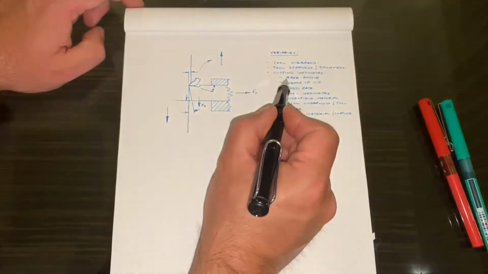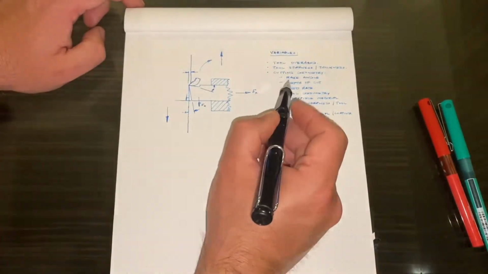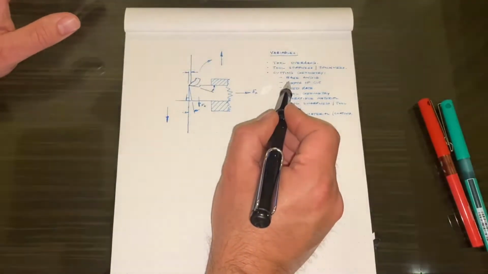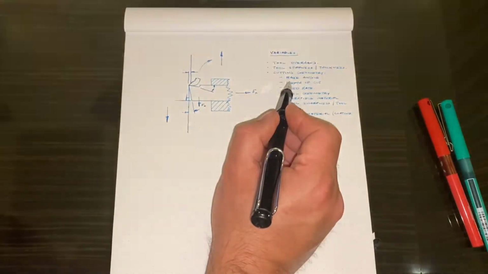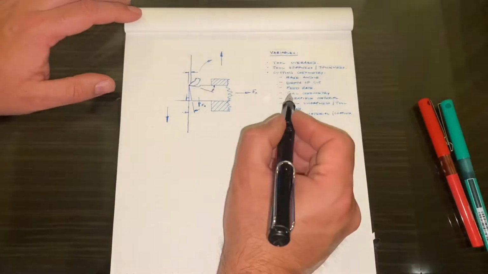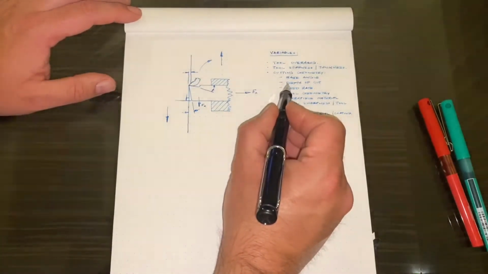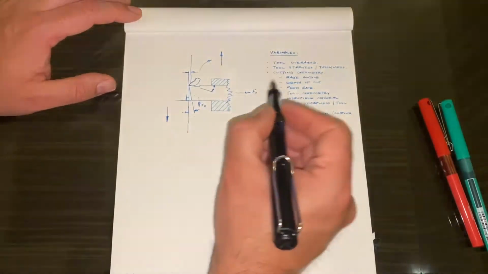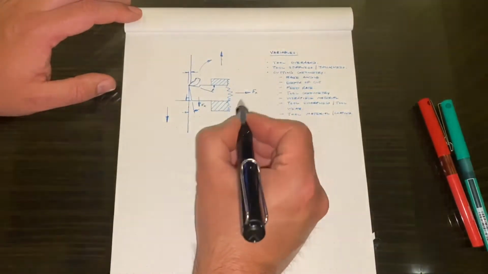So rake angle, certain materials prefer different rake angles, and so we can look up what they are. I won't list them here now, but the depth of cut, that can affect the reaction forces on the tool. The feed rate definitely affects the reaction forces.